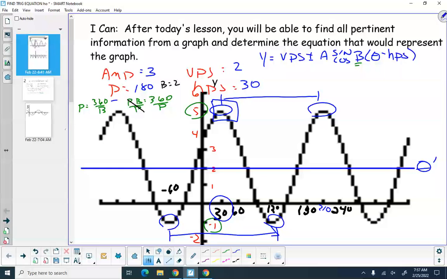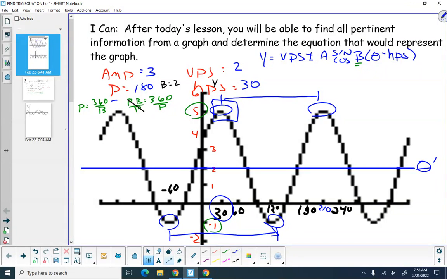The reason why I do that is if we use a peak, what goes into our equation? Cosine. And to be even better than that, positive or negative? Positive cosine. A positive cosine will be in your equation. That's why I go to that. I don't have to worry about negatives. I don't have to worry about anything else.